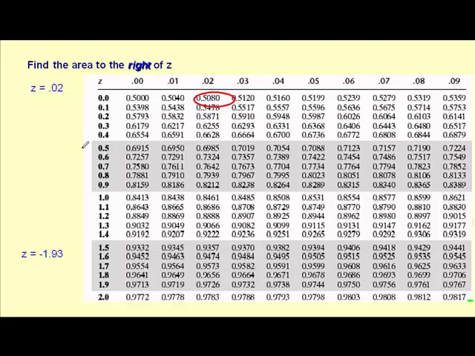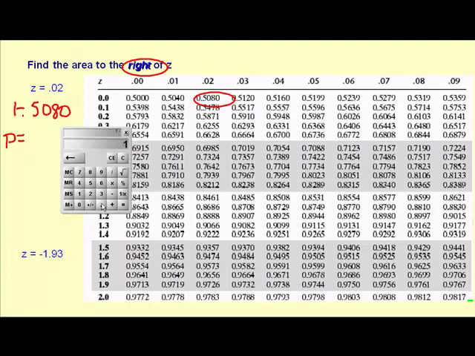But we're looking at areas to the right, so we'll have to subtract 1 minus 0.5080 to get our correct probability. And we'll find that the probability is truly 0.492.